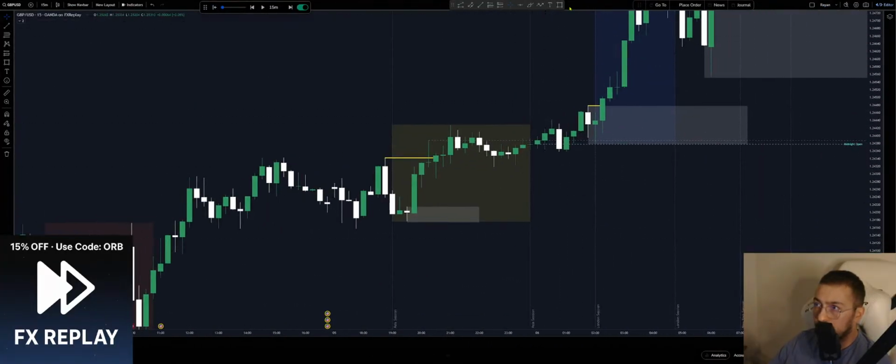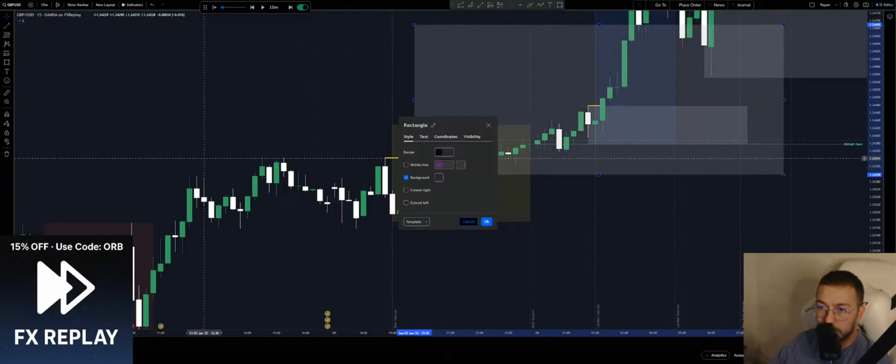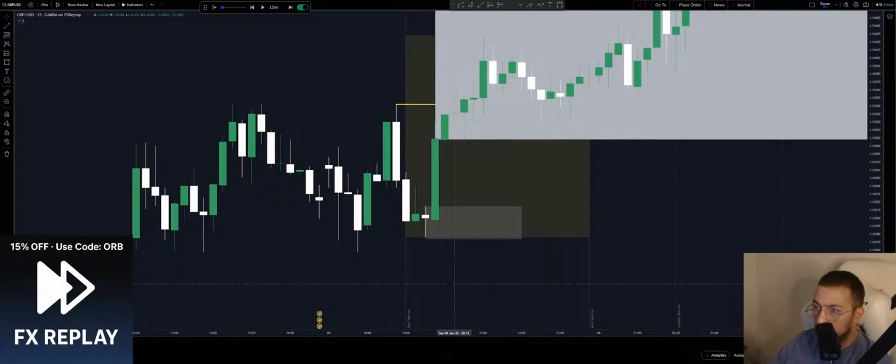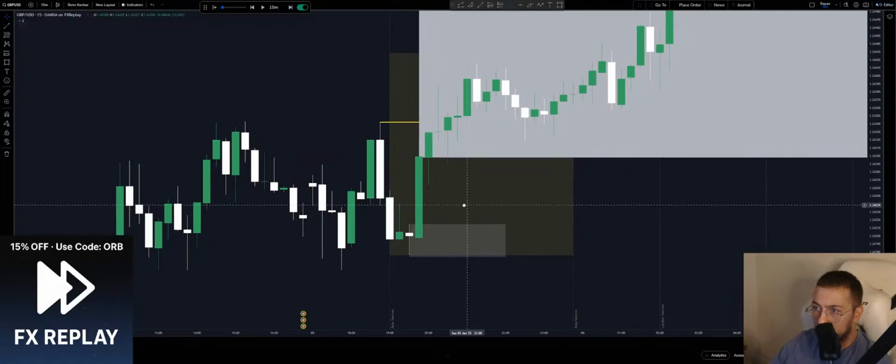So ignore all of this price action from here. Ignore all of that price action. Ignore everything here. Now this is a valid demand zone because there's a fair value gap intercepted, but we need to wait for us to enter on the retest.